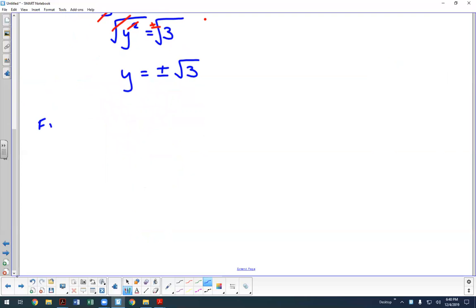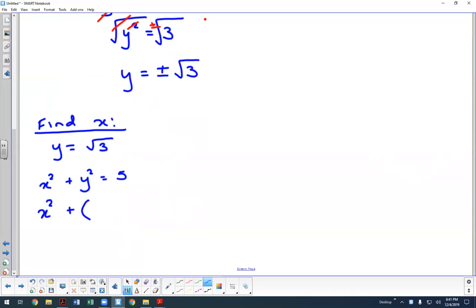Alrighty, so now let's find x. We'll start with positive square root of 3 and then come back and do negative square root of 3. And I think I'm actually just going to use my first equation to find the x. So that's x squared plus y squared equals 5. So substitute for your y as square root of 3.